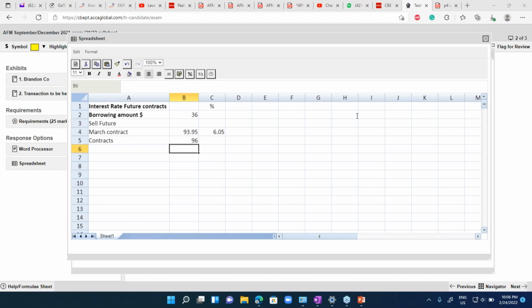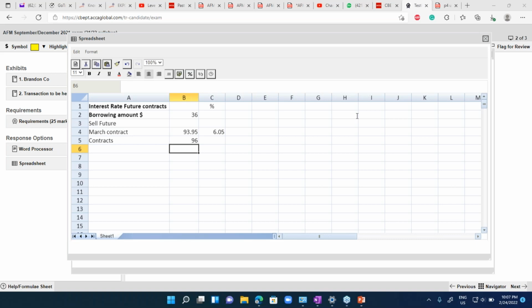Why are we choosing the March contract? Remember, when you are taking the loan, identify when you are going to take the loan. You are going to take the loan on 31st January, so select the date immediately arriving after the date when you are taking the loan.